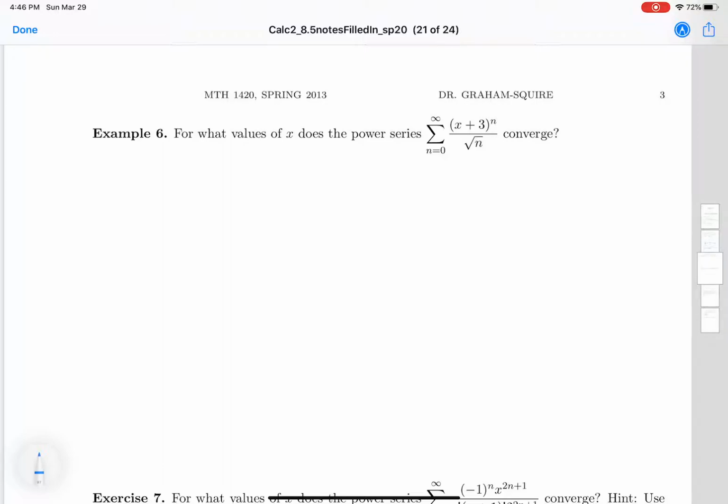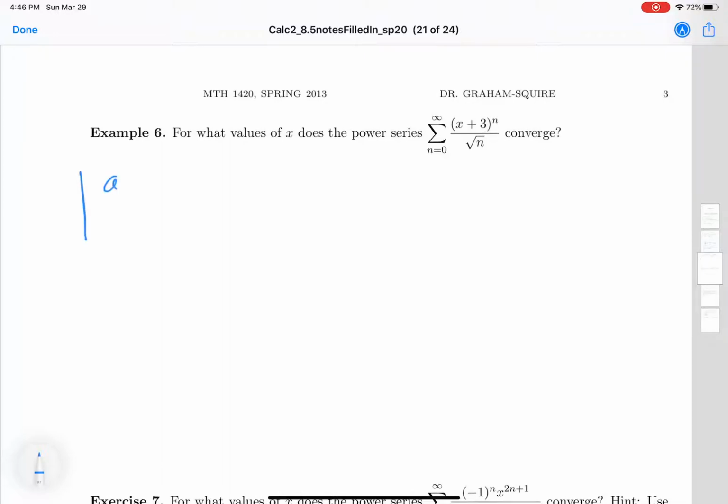Remember, to do the ratio test, we want to take the n plus 1th term in the series divided by the nth term in the series and take the absolute value. And for the ratio test, we want to know when that is less than 1 and when it is greater than 1. So what is our a sub n plus 1?